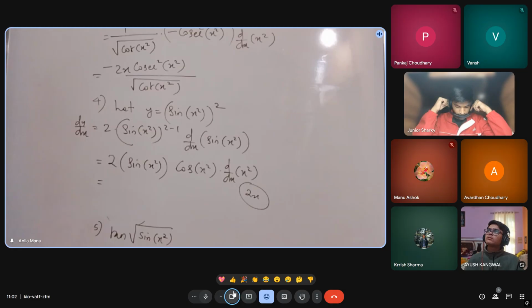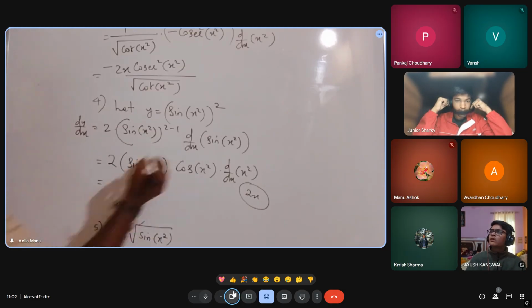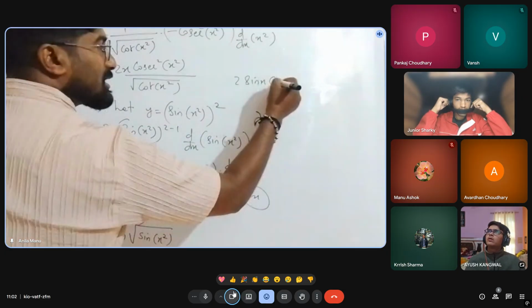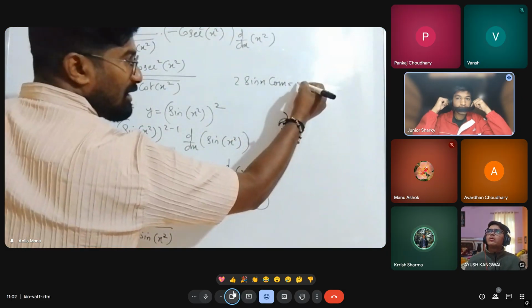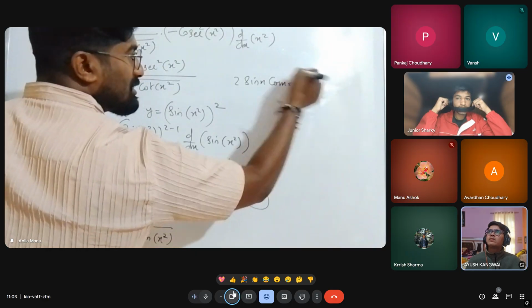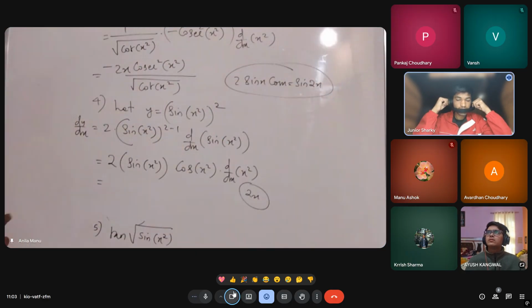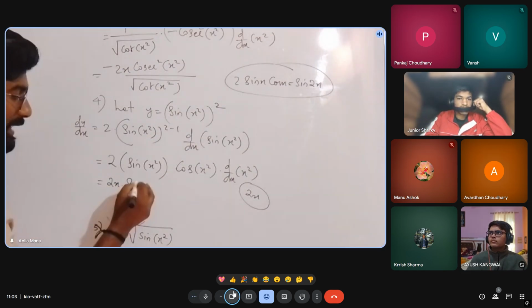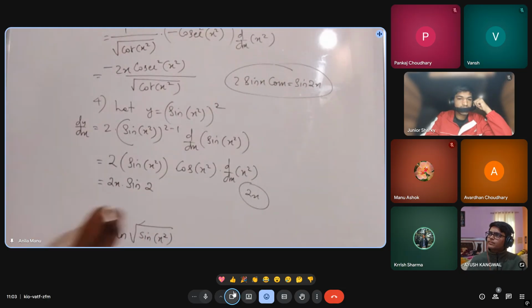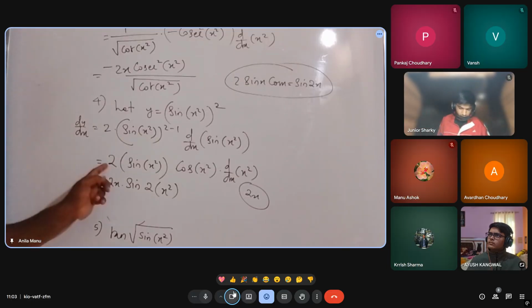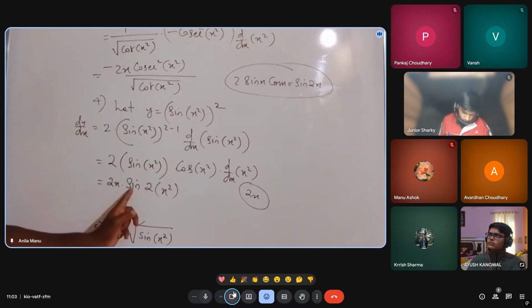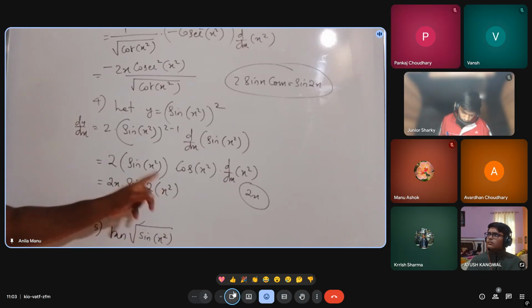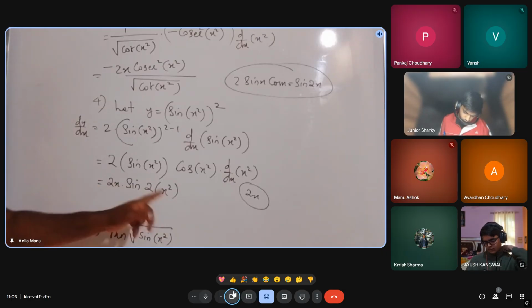Otherwise, you can use another property here. What is 2 sine x cos x? It is sine 2x. So if you want, you can write this as 2x into sine 2x square, that is, instead of x, you have x square. 2 sine x cos x is sine 2x, so 2x into sine 2x square.